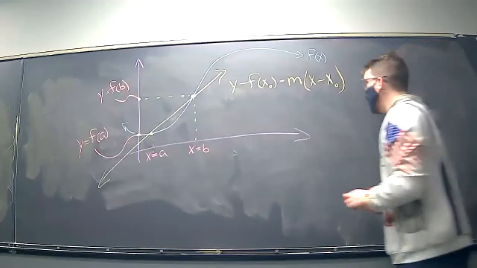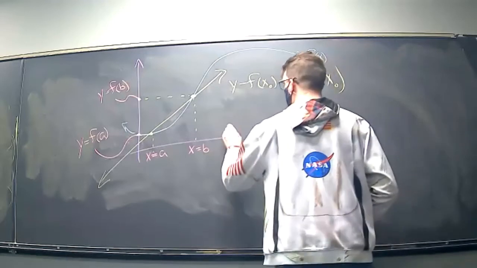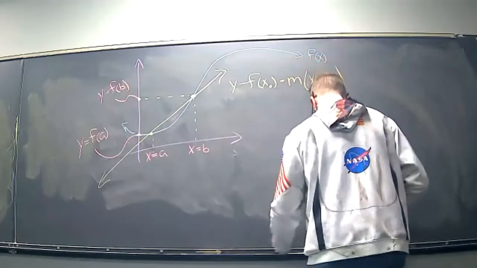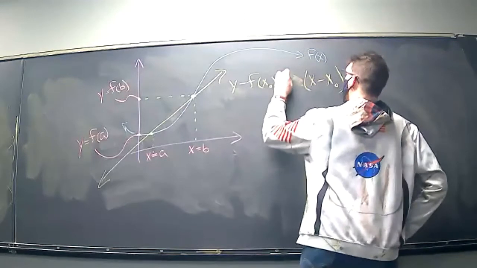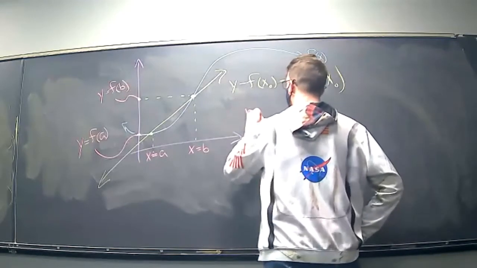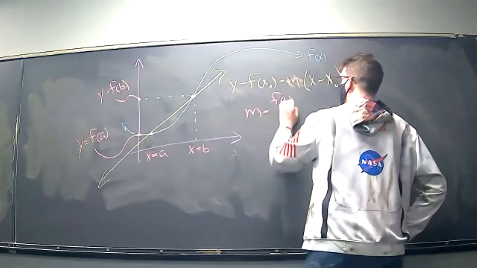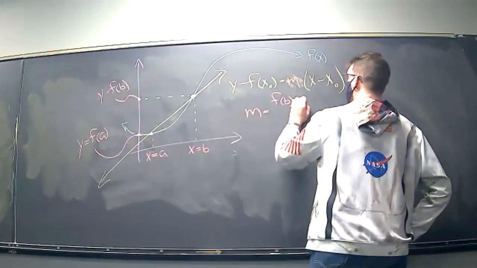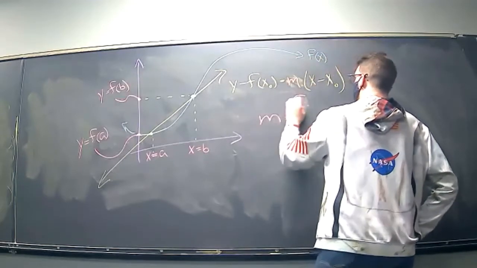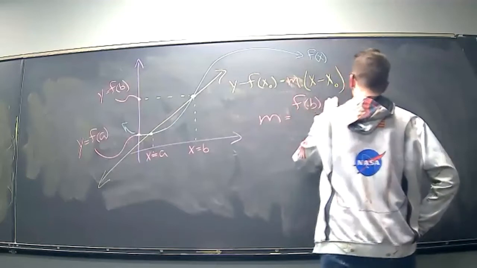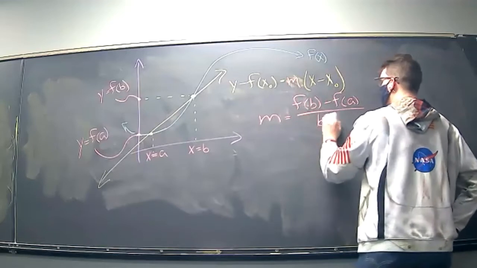Well, we know from our previous lectures that the slope is going to be equal to our function evaluated at b minus our function evaluated at a, divided by b minus a, right?